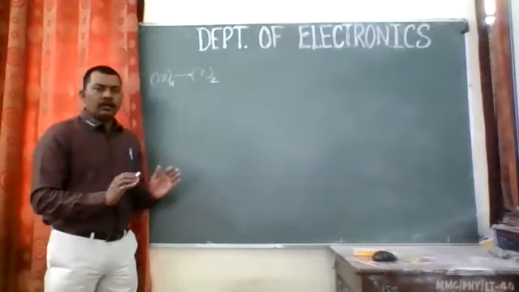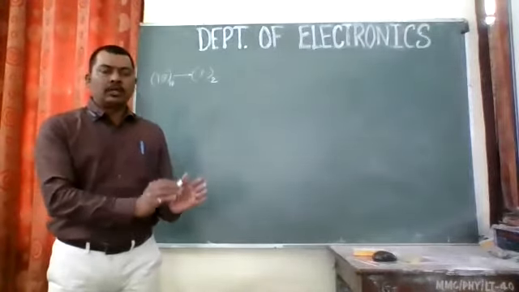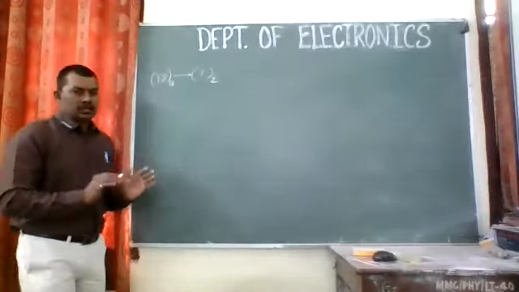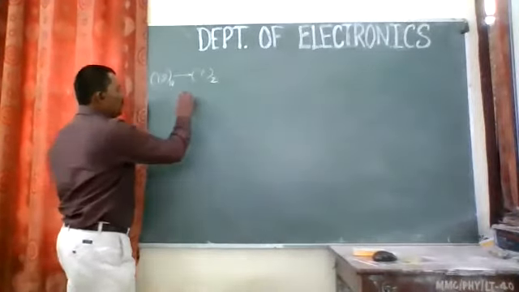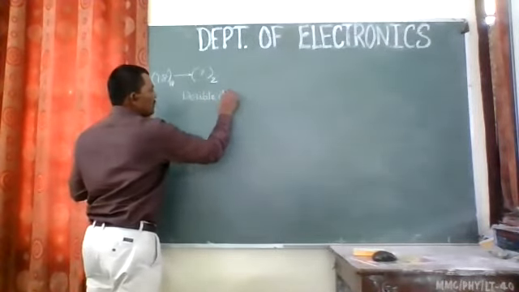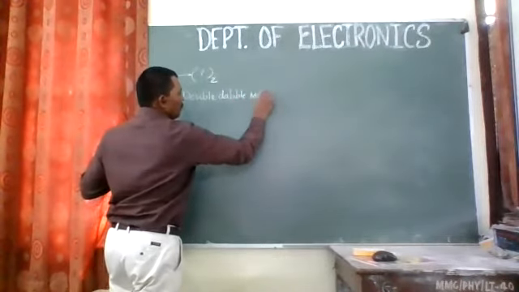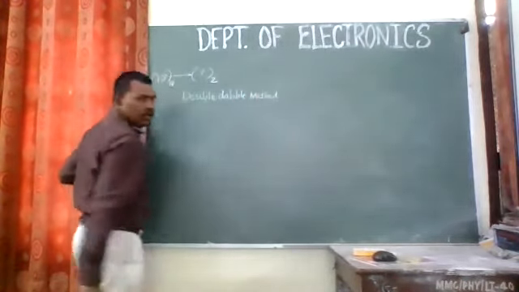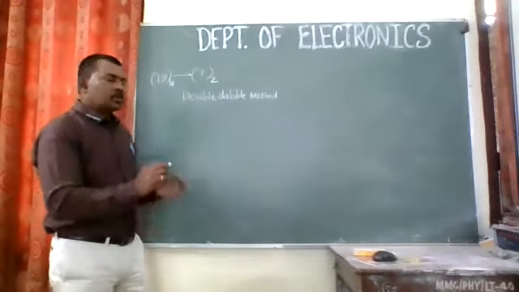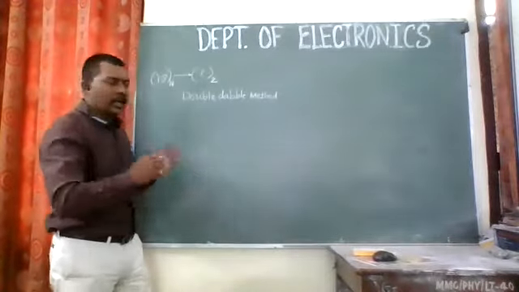The method that we use to convert a decimal number to a binary number is called the double double method. Now let us start with that.